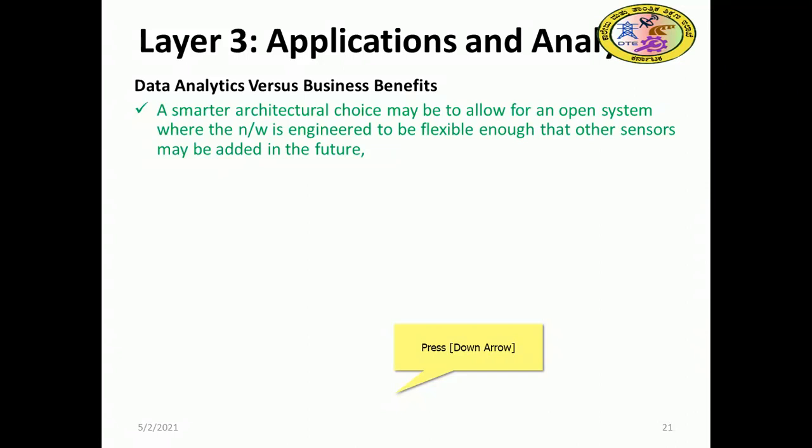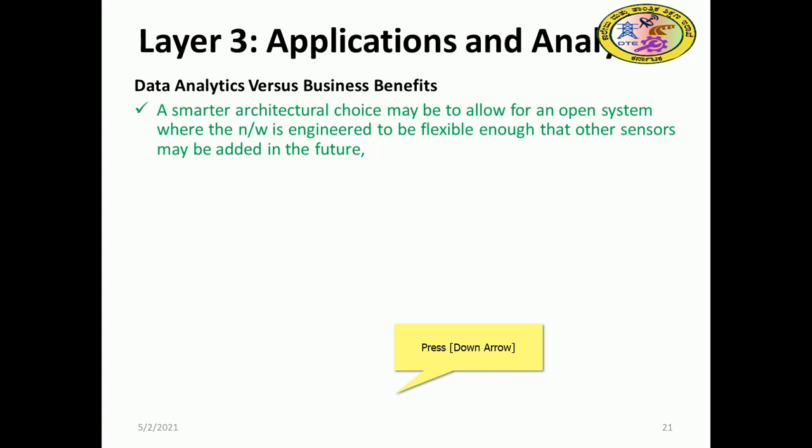Now, data analytics versus business benefits. Business benefits are also important here. A smarter architectural choice is to follow an open system. Some industry-developed systems are not open, they are closed, only for specific applications.